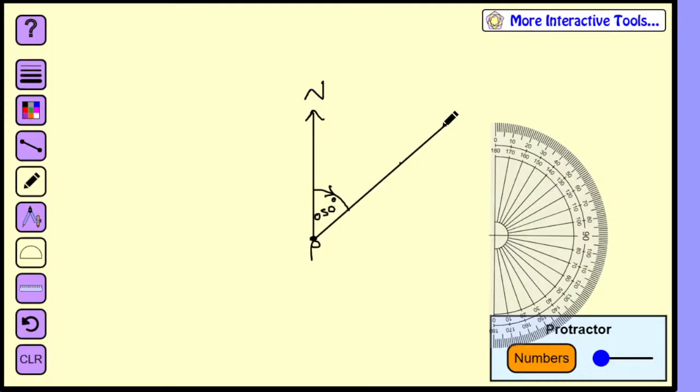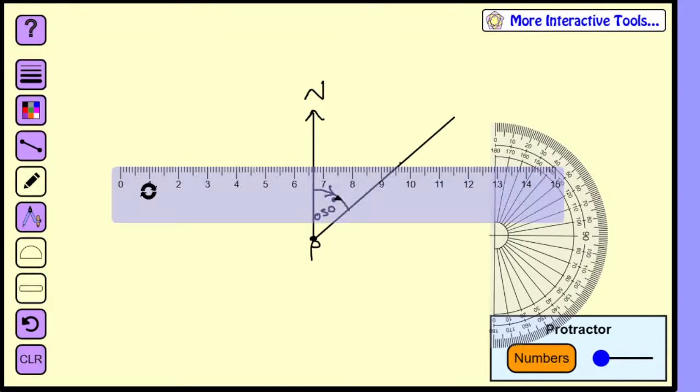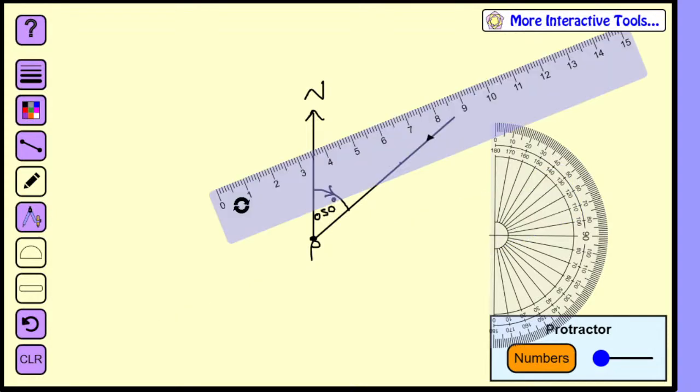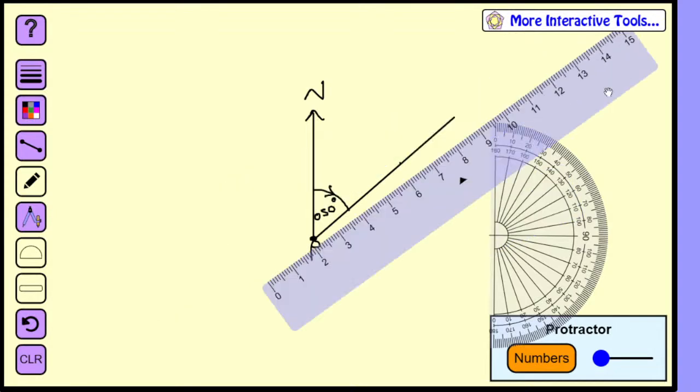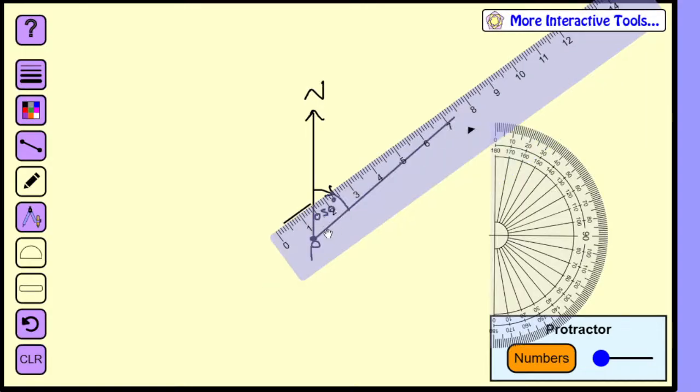So point Q is anywhere on this line, but they have been specific. They have said where point Q should be: 4 kilometers away from P. So since the scale is 1 centimeter showing 1 kilometer, I have to take the ruler and measure 4 centimeters along this 50 degree bearing line and mark point Q. Let's do that.